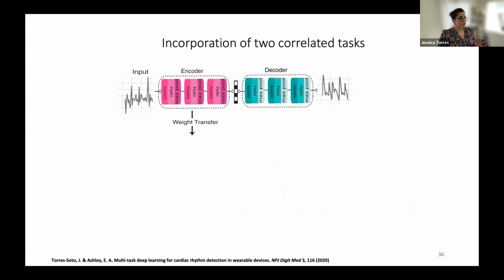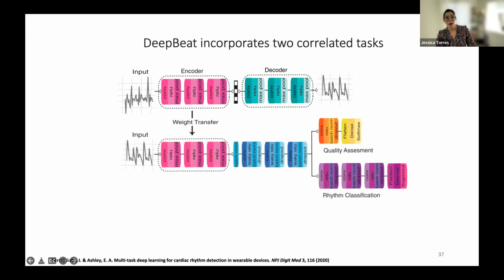Recall that we used the convolutional denoising autoencoder to clean up our signal. We wanted to use those learned, trained weights as a good basis for training. So we extracted only the encoder region of our trained convolutional denoising autoencoder and transferred that over to our model that would consider both signal quality and rhythm classification.